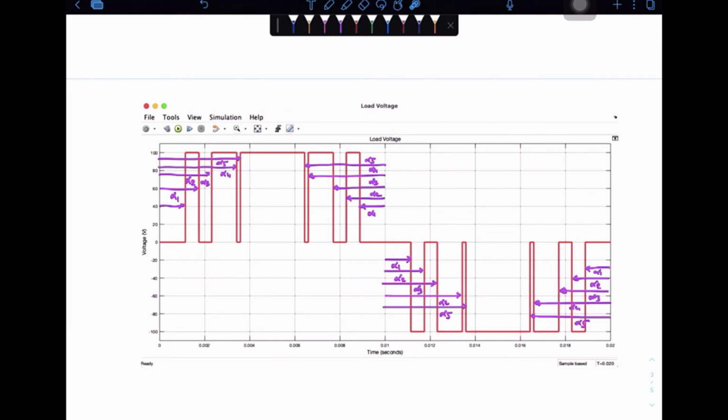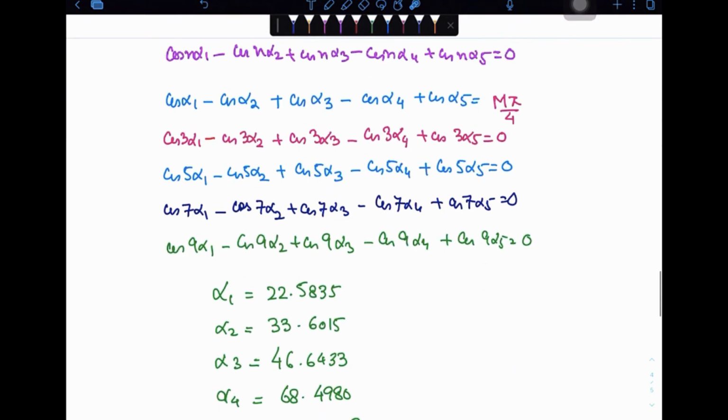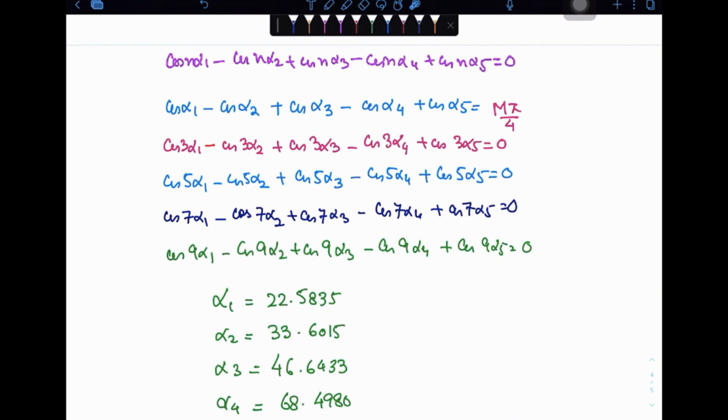Okay, so now we have seen how we will adjust these angles in the simulation in our controller block diagram. Now how to get the values of these? We have discussed in the last video the equation for this particular selective harmonic elimination technique for the cancellation of certain harmonics.